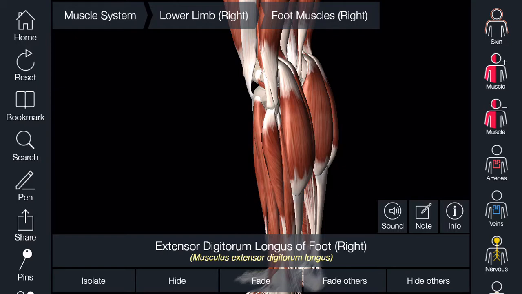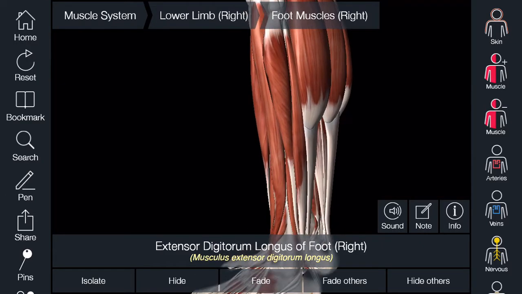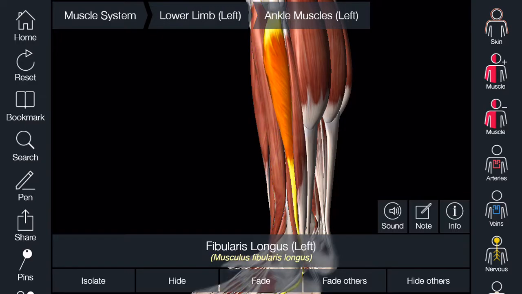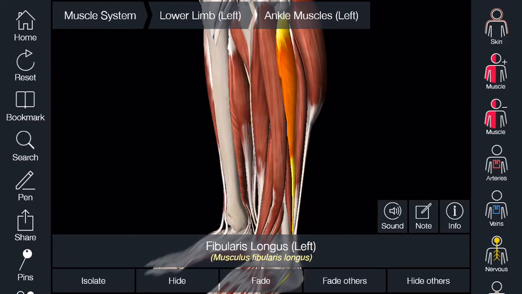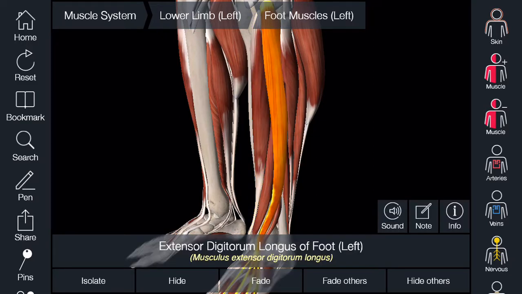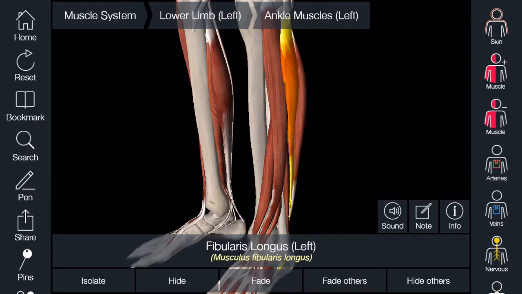But in the process of trying to find it, we saw the fibularis group, and that's basically all the muscles on the side. So there's the fibularis longus. Where are the other ones?